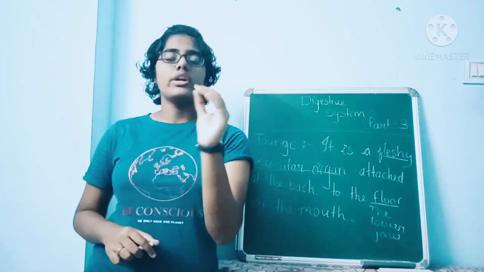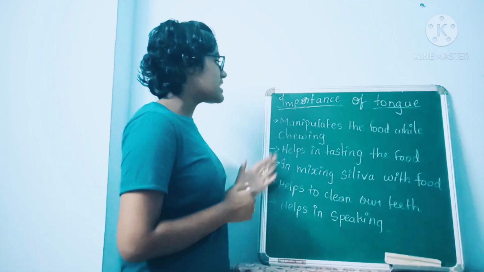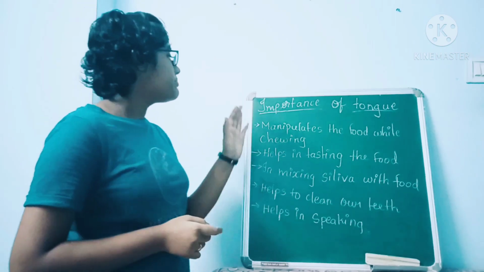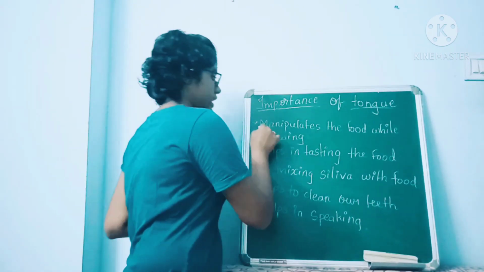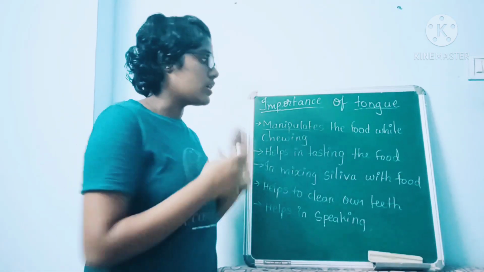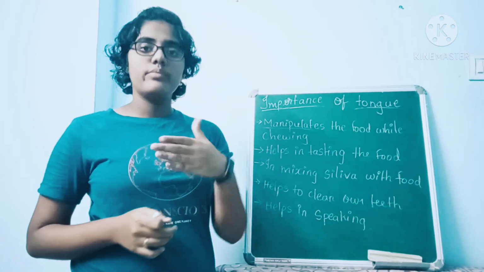Now what are the importance of tongue? Now we are going to learn. The first one is it manipulates the food while chewing. Now what's the meaning of manipulates? Manipulates is nothing but the tongue will move the food to its convenience for the chewing process.